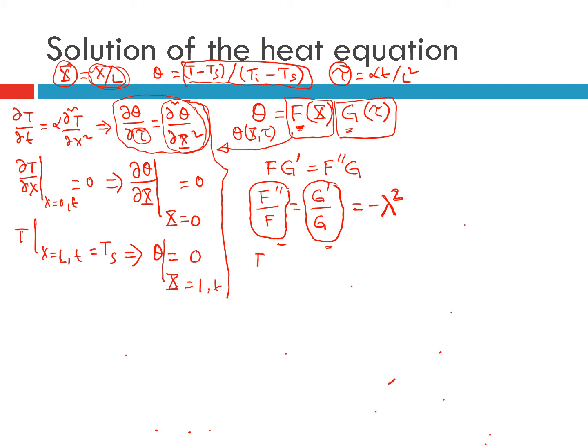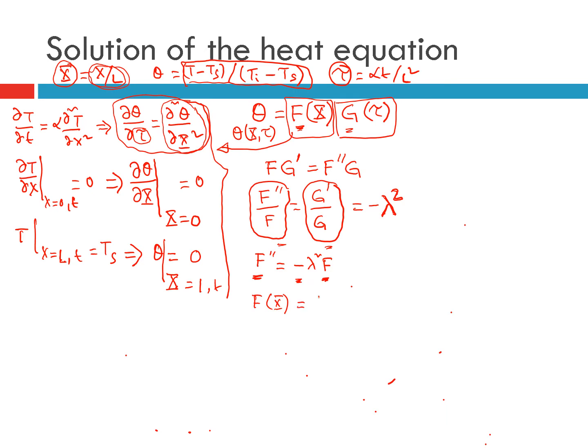So the first one is f double prime is equal to minus lambda square f. Now what kind of a function do we have that if you differentiate twice you get back the same function with a negative sign? This would be a sine or cosine. So then the form of f can be written as, since we do not know whether it's sine or cosine, we can leave both of them in there.